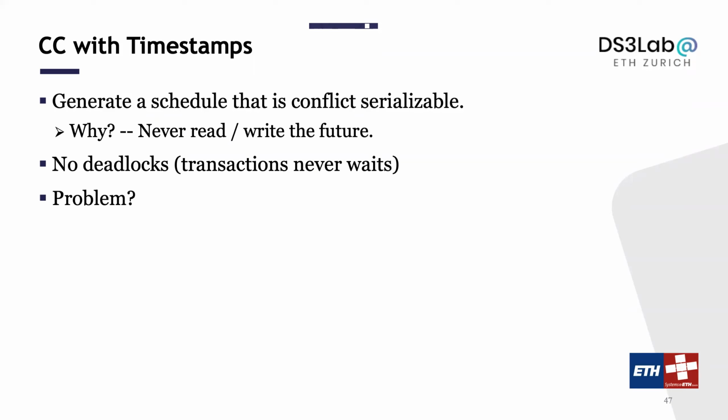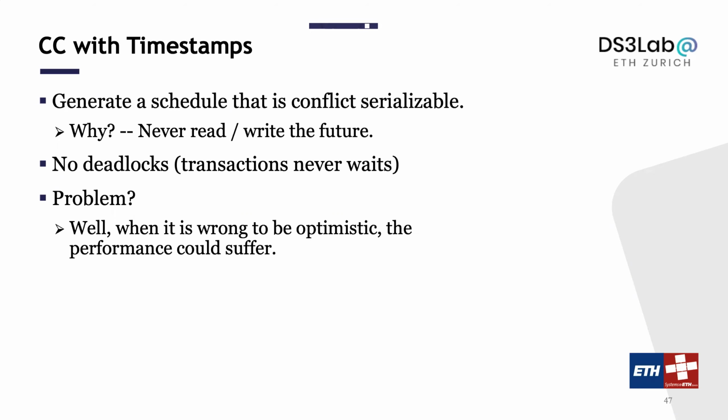What could be the potential problems, right? So I think now we are toward the end of the semester, as you can see, every single time we talk about some solution, there are potential problems. That's the interesting part of building a system, right? There's no perfect solution. There's no free lunch. What could be the potential problem of concurrency control using timestamps? Well, there are a lot of things.